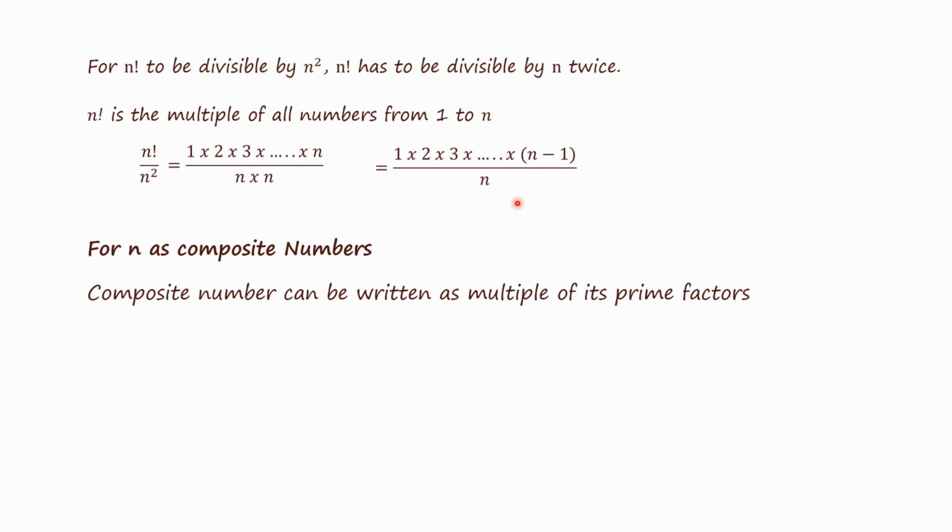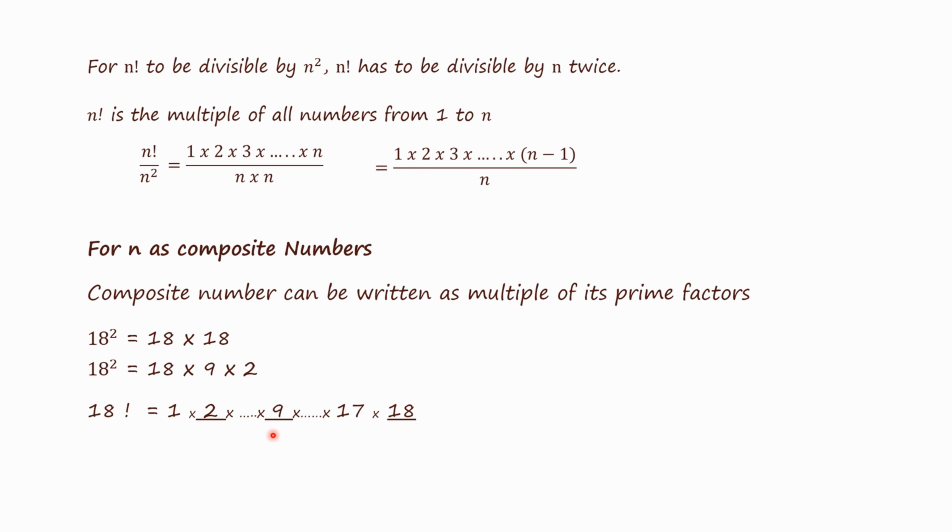So let us say n is 18. 18 squared can be written as 18 times 18, which can also be written as 18 times 9 times 2. 18 factorial can be written as 1 times 2 times 3 till 9 and then continue till 18. These numbers are already present in 18 factorial as 18, 9 and 2. That means in this case, if n is a composite number, n factorial is divisible by n squared.